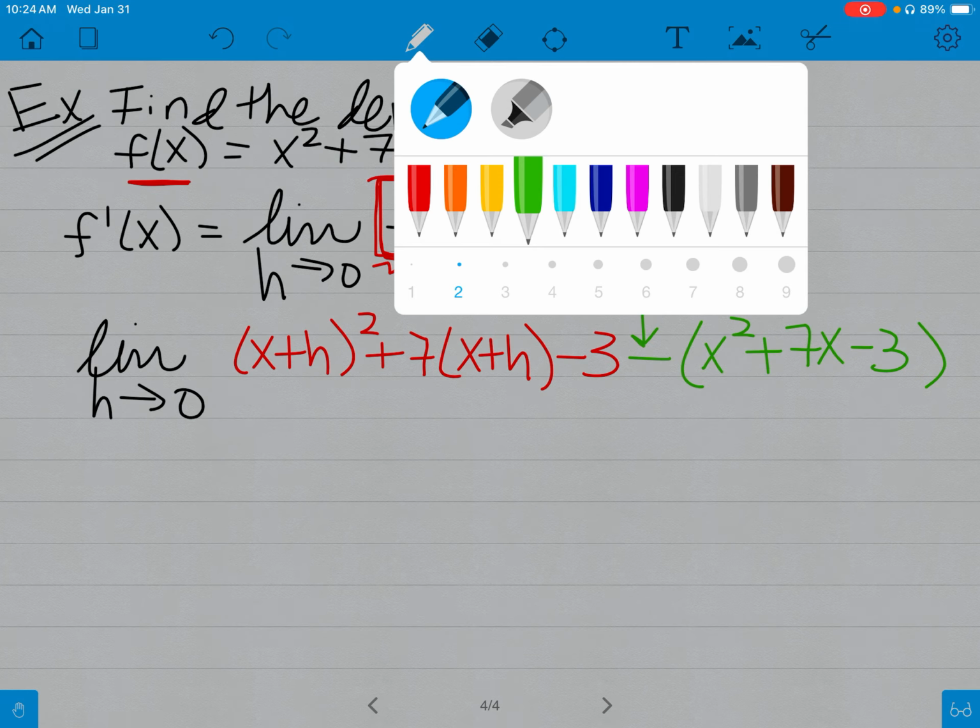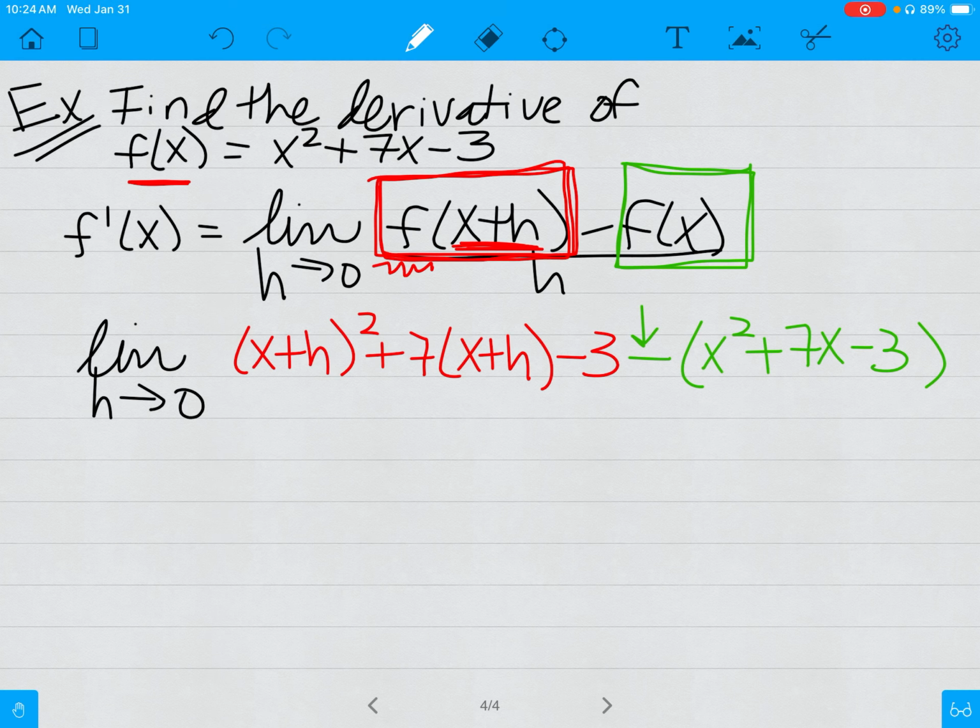And then the only thing from the derivative definition that we don't have yet is this whole thing, regardless of how long and awful that expression is, all divided by h. Okay.